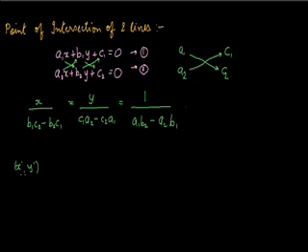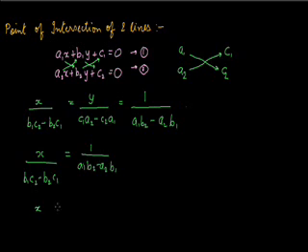Then I equate x upon b1 c2 minus b2 c1 with the last term, 1 upon a1 b2 minus a2 b1.